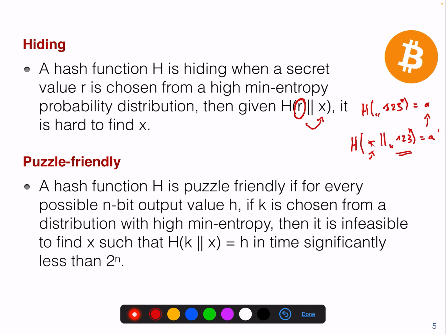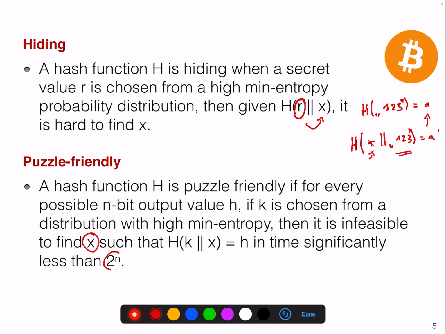In simple terms, brute force is the simplest method to find this particular x. So it's basically infeasible to find it faster than 2 to the power of n, which means you have to perform brute force, right?